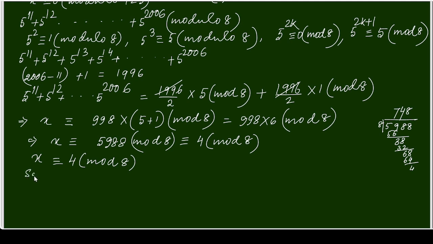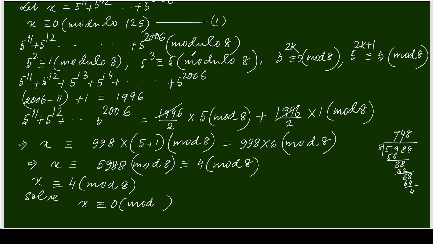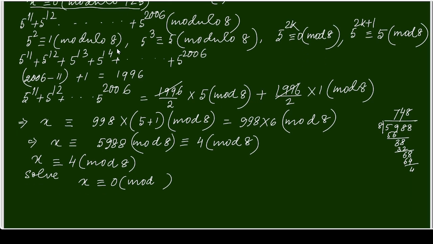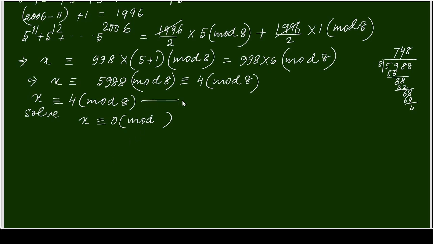So we will solve now these two congruences. One is x is congruent to 0 modulo 125, and the second one is x is congruent to 4 modulo 8.